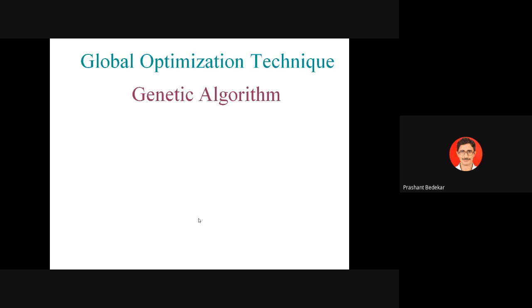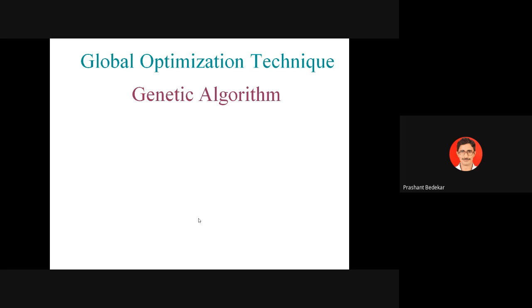What I mean to say is conventional optimization techniques do not give any guarantee that you will get the global optimum solution.